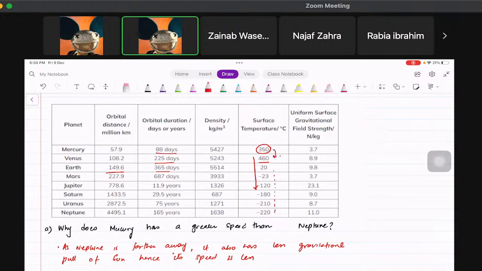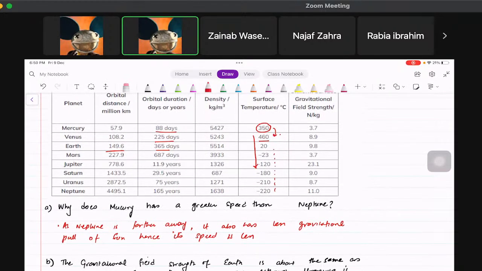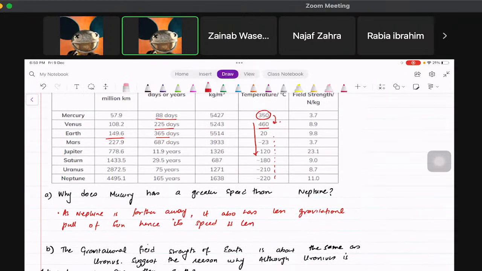Wildest idea that you might have? Are there any specific elements found on Venus which just happen to have a higher temperature? No, that's not true. It's not closer.